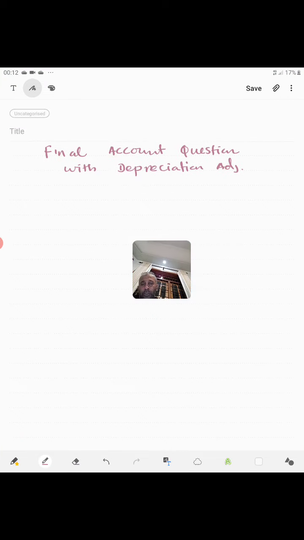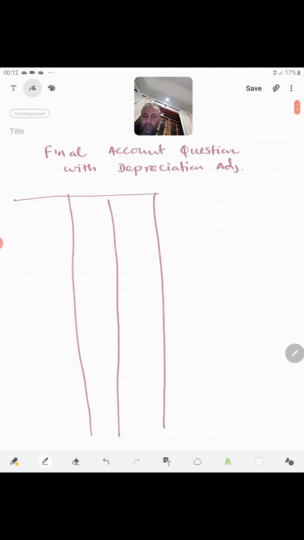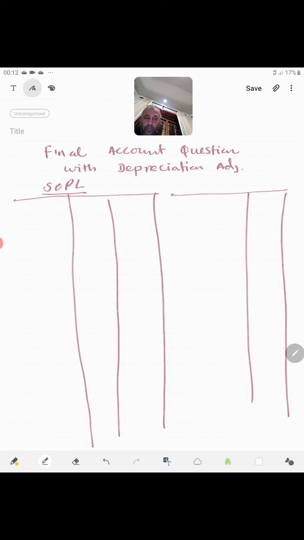In trying this question, we need to set up the format. The format will be statement of profit and loss account and statement of financial position. Some other information you may have to write, like the date and the name of the entity, which I am not writing here.